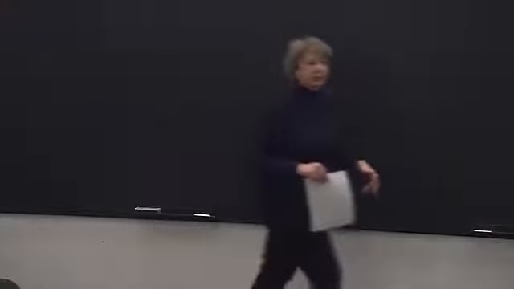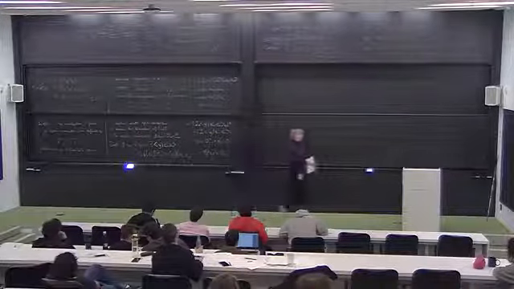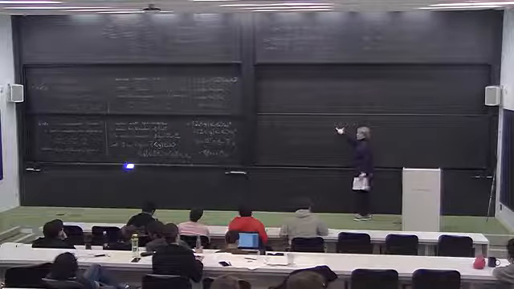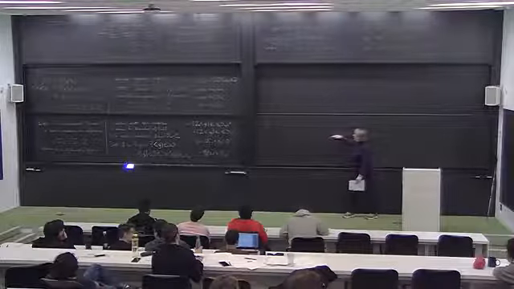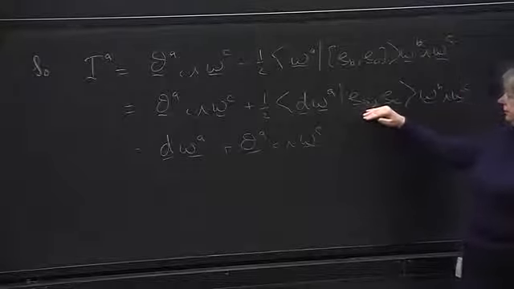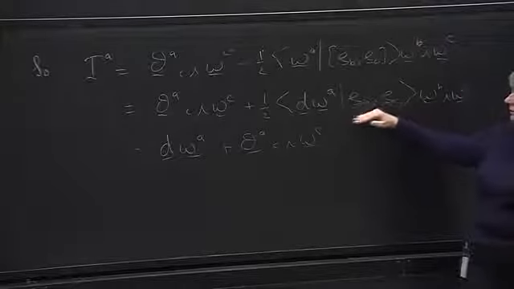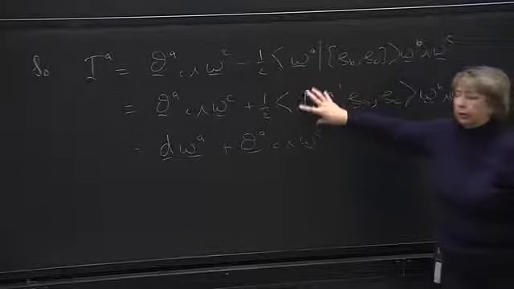So for the basis vectors, I can use that to replace this Lie bracket term. I can shift the derivation part from here to here. These are just the components of d omega in the basis E_B, E_C. So these are the BC components of omega.